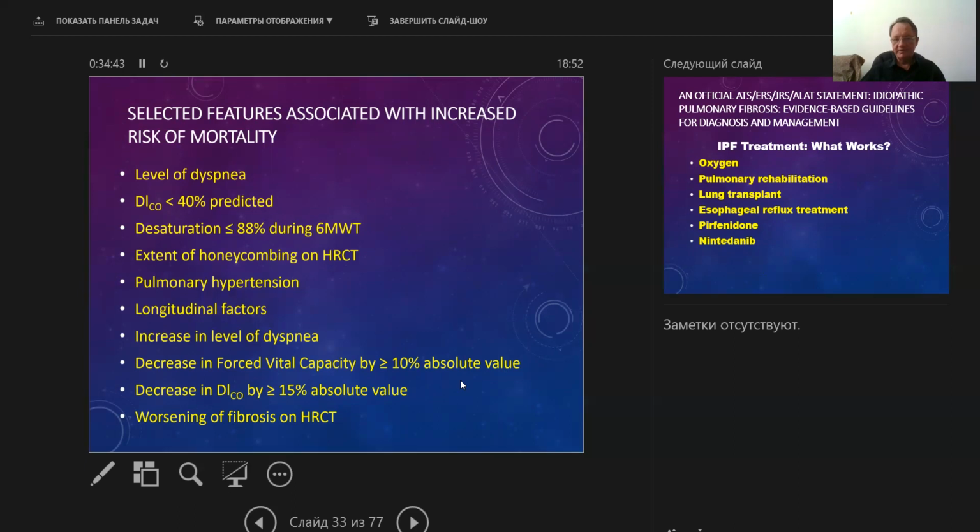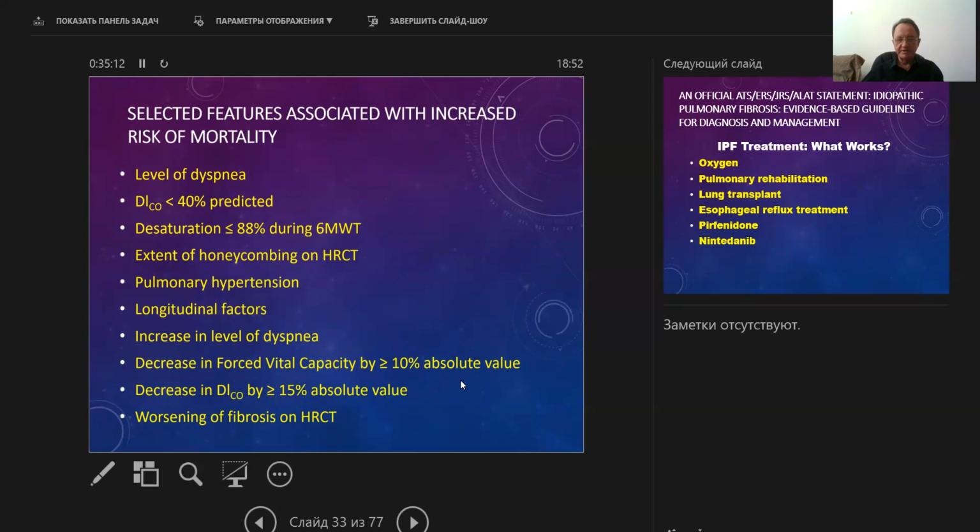And increased level of dyspnea, a decrease of forced vital capacity of more than 10% from the absolute level, and a decrease of diffusion capacity of more than 50% from the absolute level during, for example, 3 months of monitoring this patient, also confirm an increased risk of mortality.